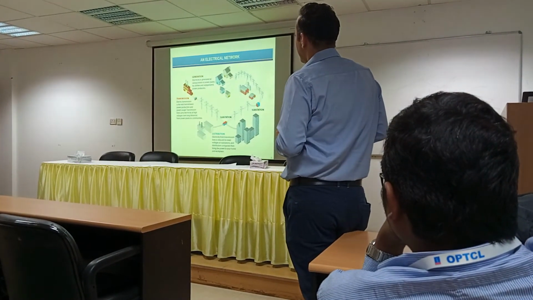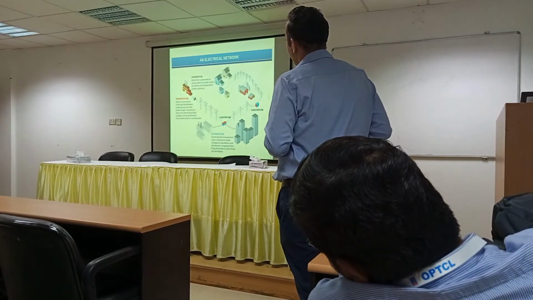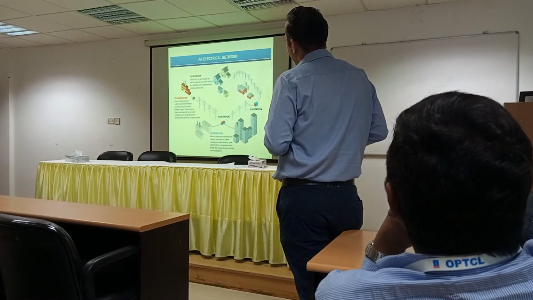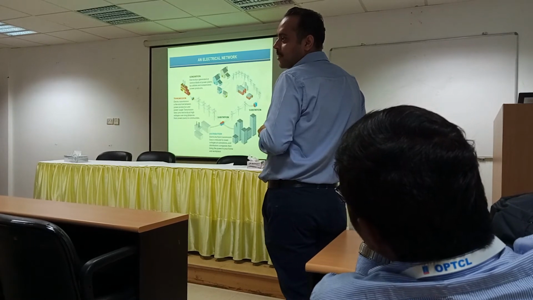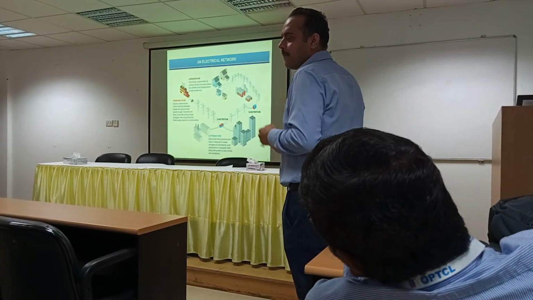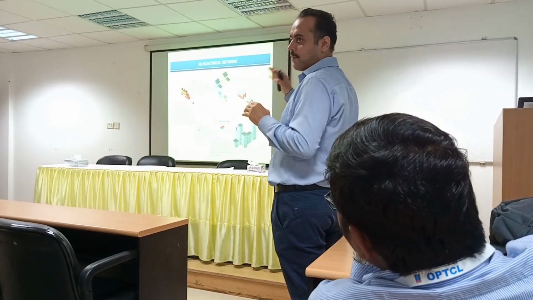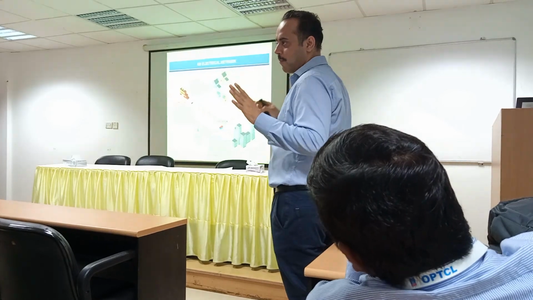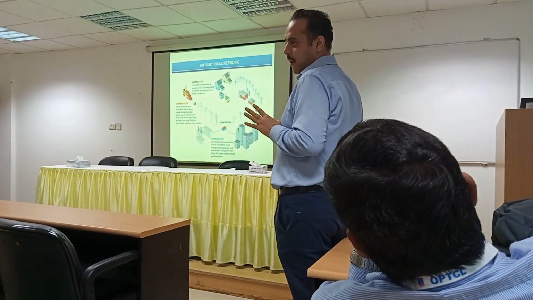Then there is the domestic side, where Discom steps 33 kV down to 11 kV and gives it for house connections. If you have any question in between, please raise your hand and ask, because understanding the slides is more important, right?